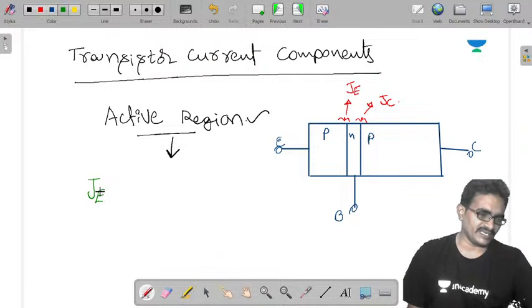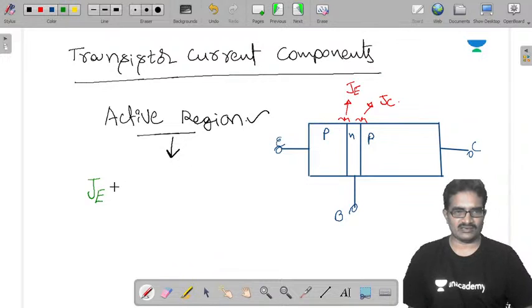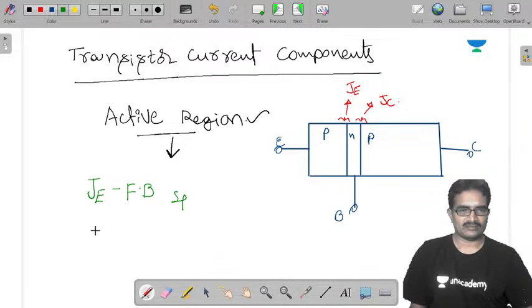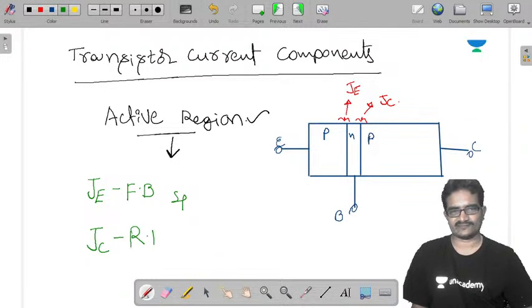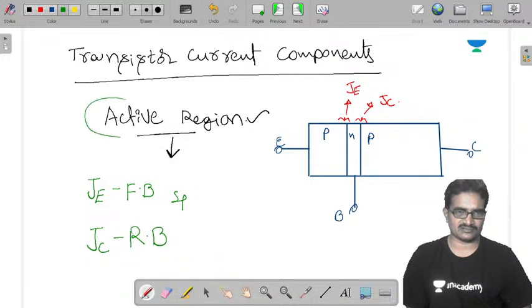Now that emitter junction is going to be under forward bias, and that collector junction is going to be biased in reverse bias. That is the active region of operation.